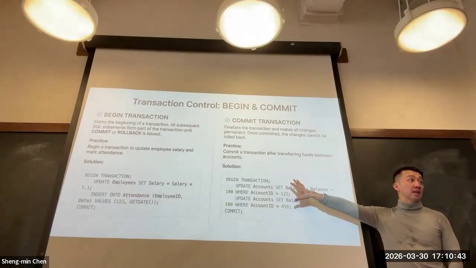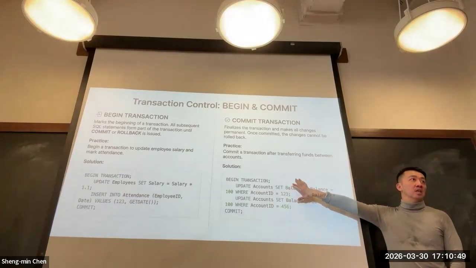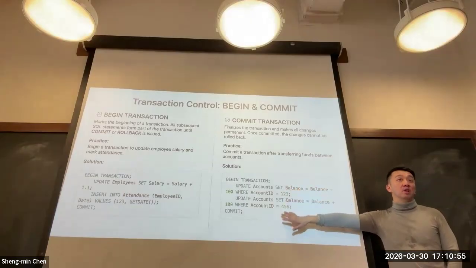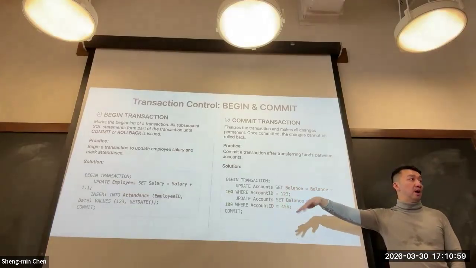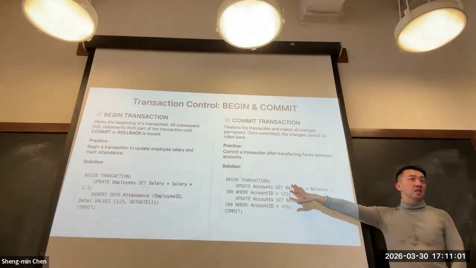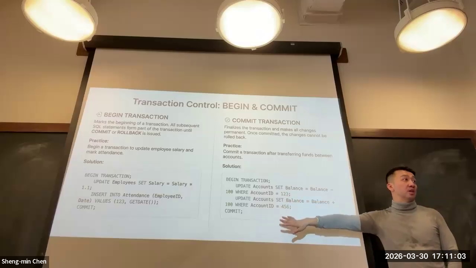You want to have atomicity again, and you want to make sure that everything you do is all or nothing, right? If one fails, you want the ability to roll back, which we'll discuss on the next page. But if they all were successful, then you can commit.